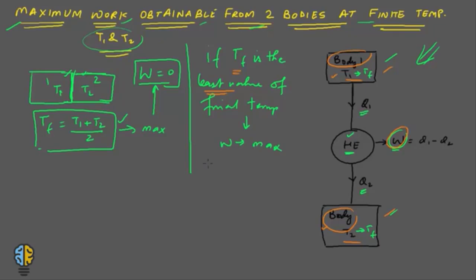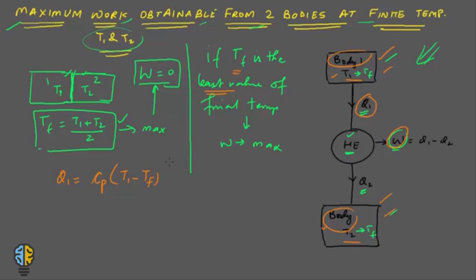So let us say the bodies remain at constant pressure, there is no change in pressure, and they undergo no change of phase. There is no change of phase as well for these two bodies. Now let's find out the total heat that is withdrawn from body 1, which is Q1. So Q1 is equal to the heat capacity Cp times T1 minus Tf.